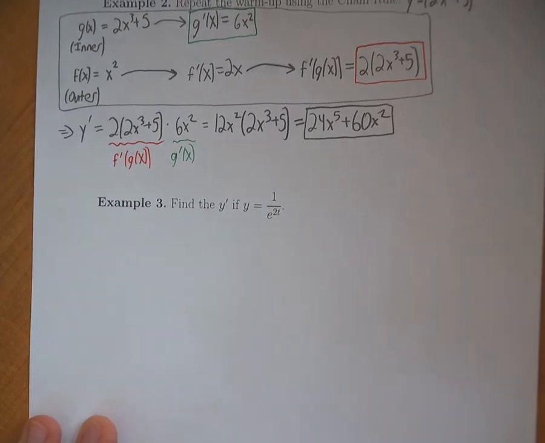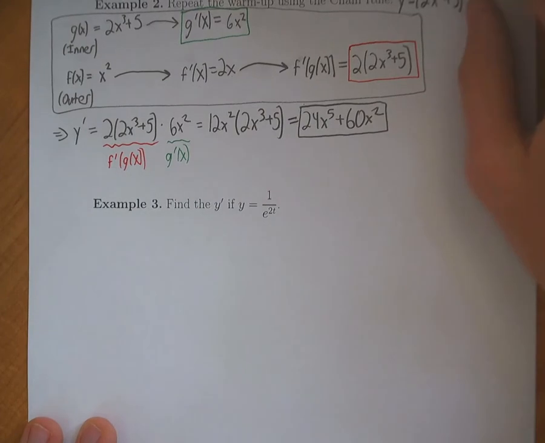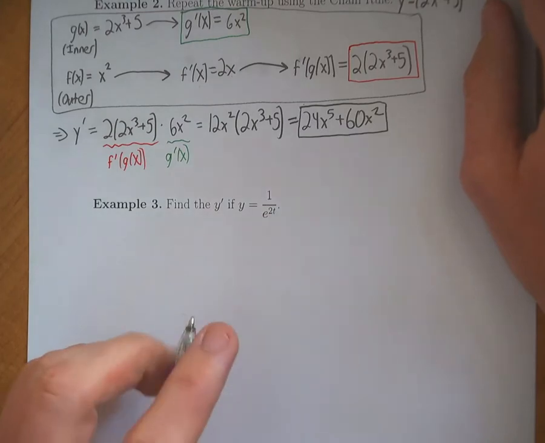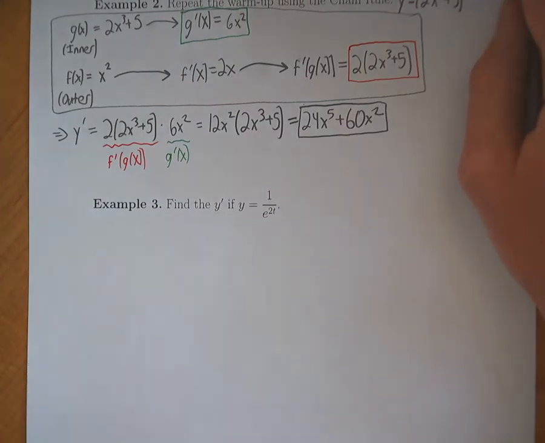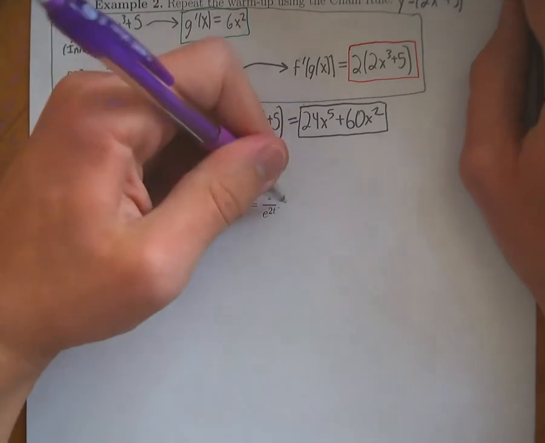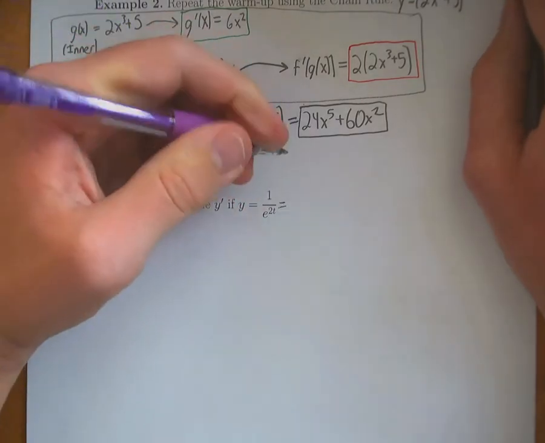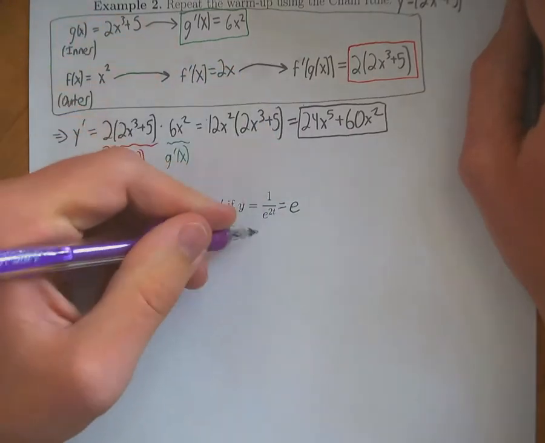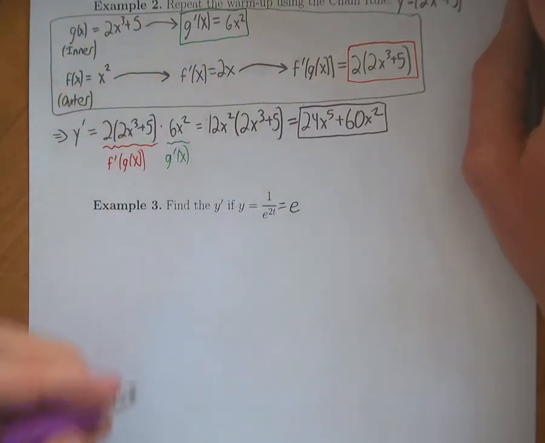This is a function we can differentiate with, technically, the quotient rule and chain rule. But just to condense things down a bit, it might help to rewrite this. One way we can rewrite this is to say, all right, 1 over e to the 2t is the same thing as e to the what power?